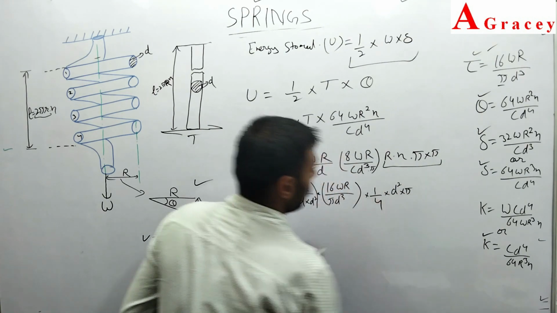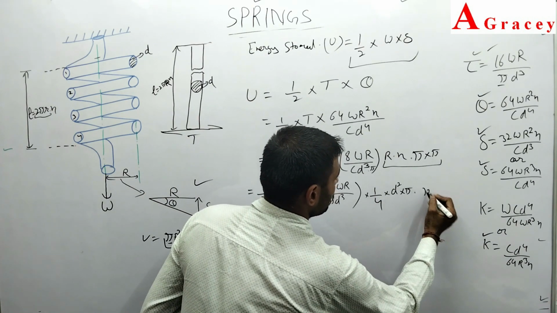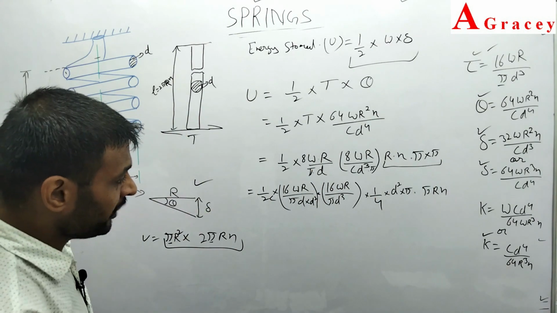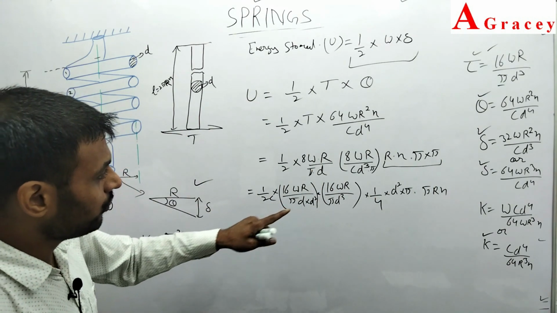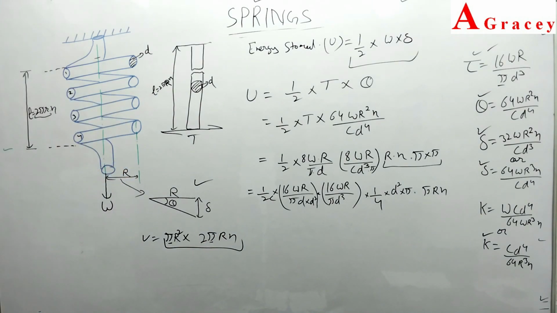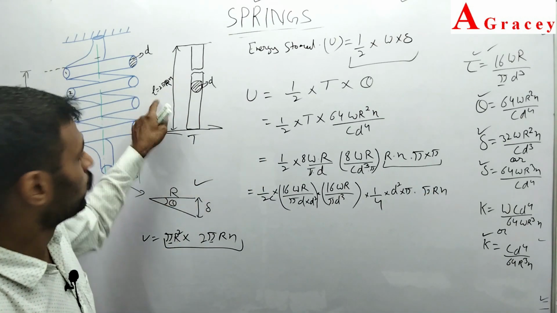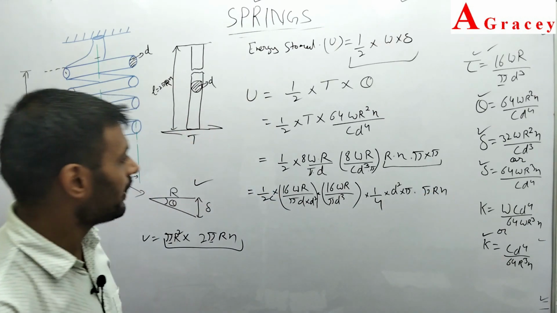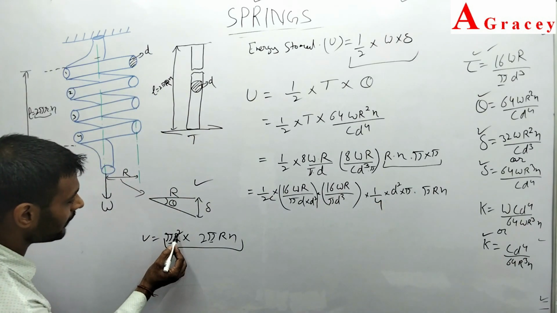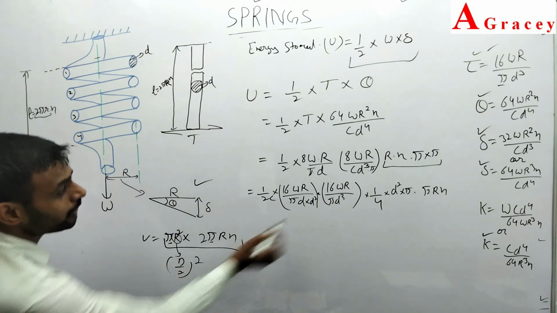Pi, and the second pi is there, and r is there, and n is there. Now you also need 2. How could it be? Because 2 pi r n becomes the length of the wire, and pi d square by 4 is the area, where r is the radius and d by 2 is squared, so d square by 4.